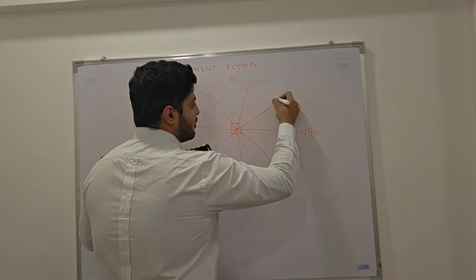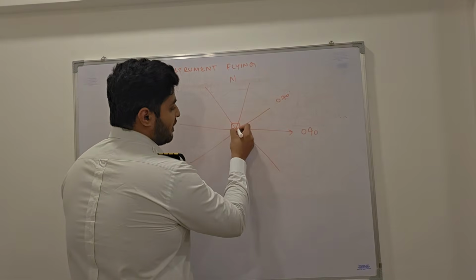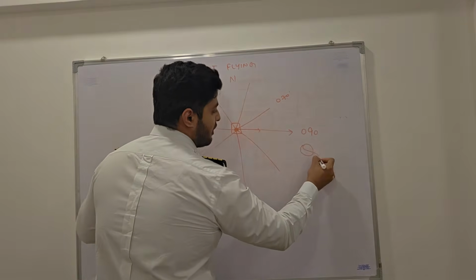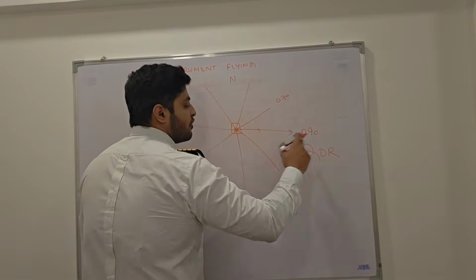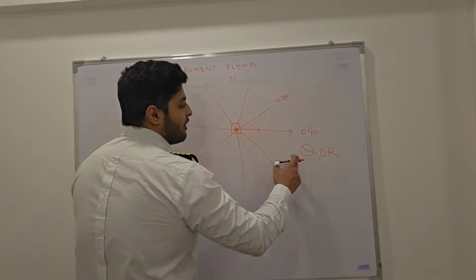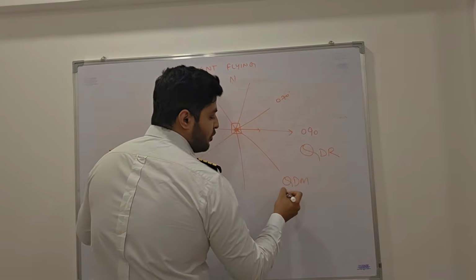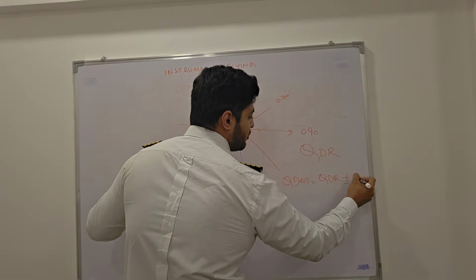This will be around 070 radial. So the heading or the bearing coming from the station is the radial, which is commonly known as QDR. And the opposite of QDR, if you subtract or add 180 degrees to QDR, we get QDM. So QDM will be QDR plus minus 180 degrees.